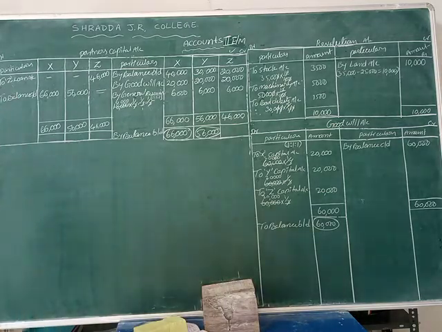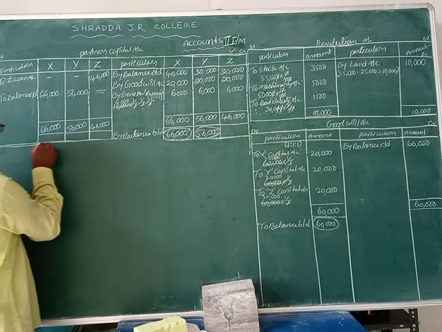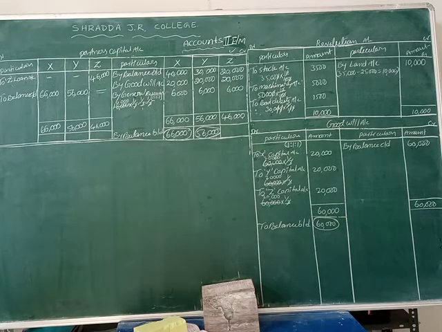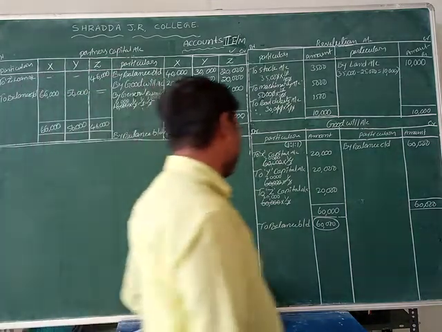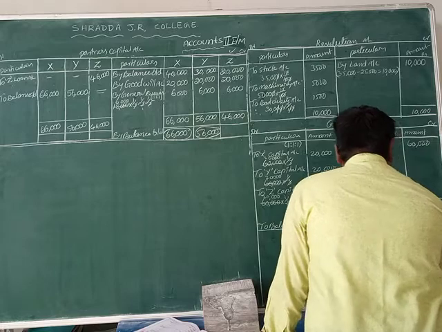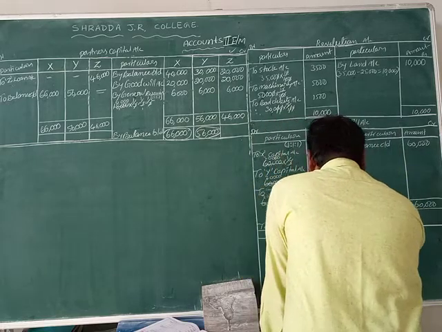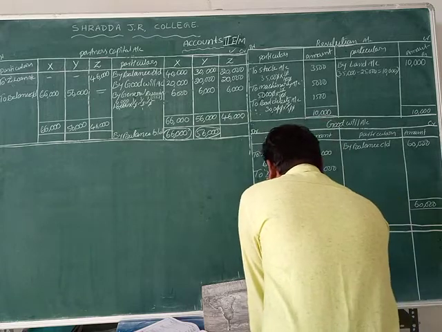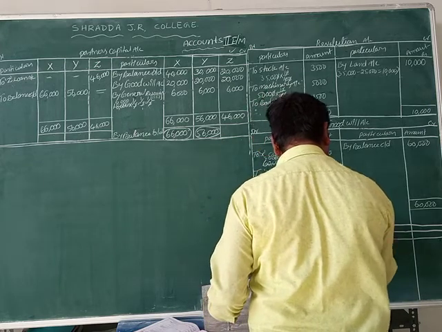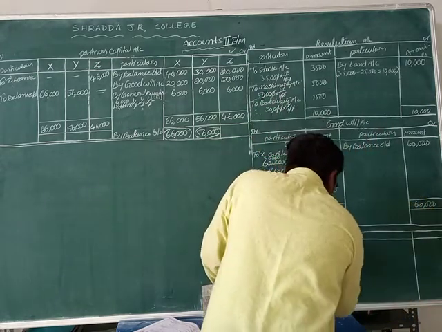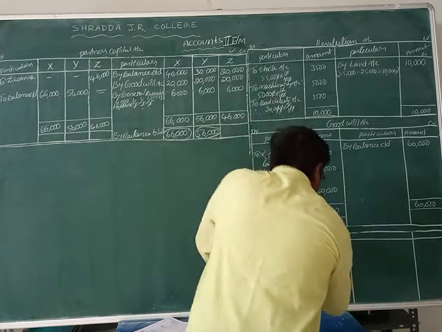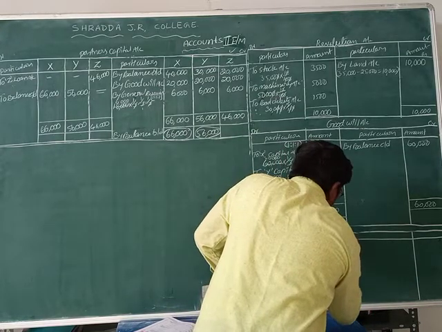So next we can write the partners' loan account. We can take the partners' loan account, students. That is what we are showing here. Write here: who is it?